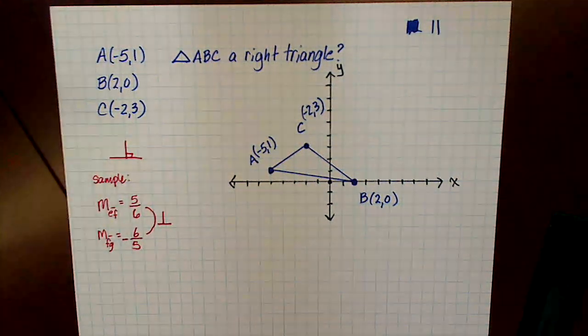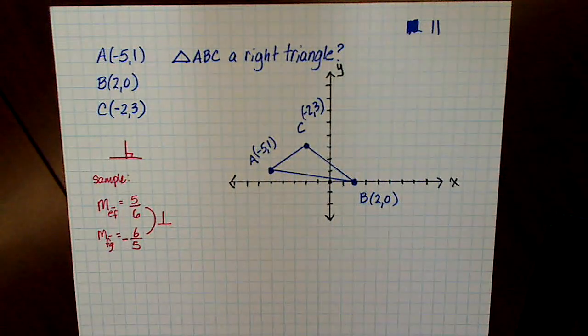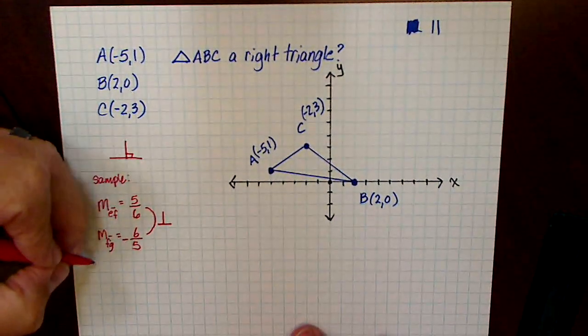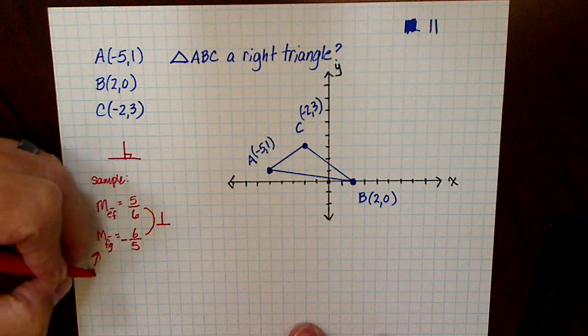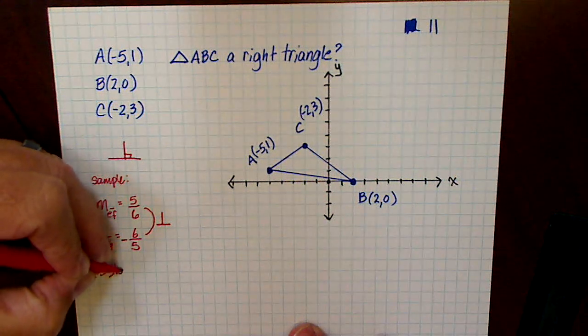Perpendicular slopes are negative reciprocals of each other. Remember, m stands for slope.